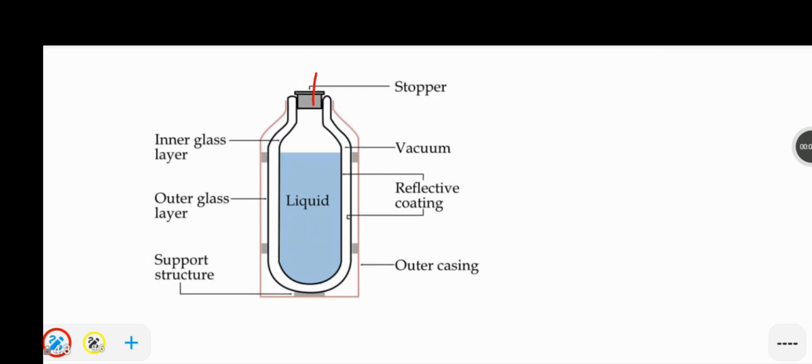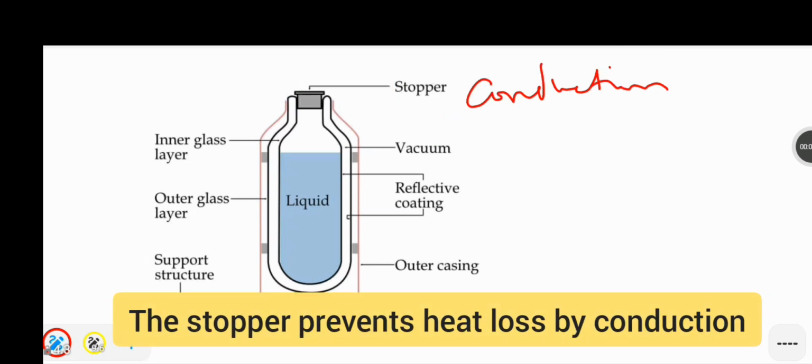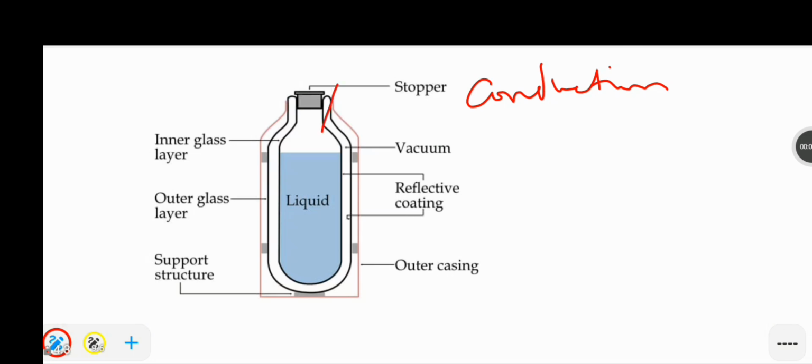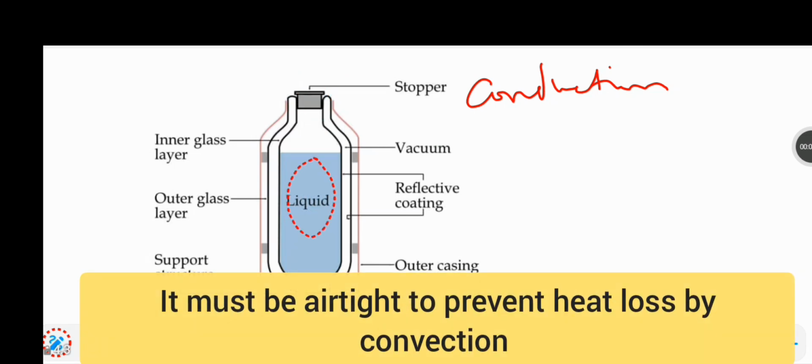This stopper is made of a material of low conductivity. So this stopper will prevent heat loss by conduction. Okay, and it has to be airtight. There must be no space where air can come in, so that you will not lose heat by convection, as in through this liquid here.